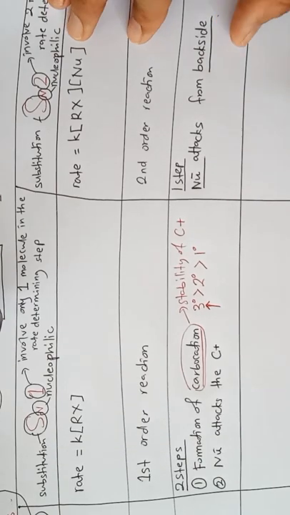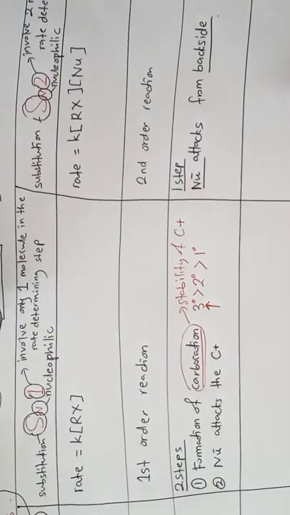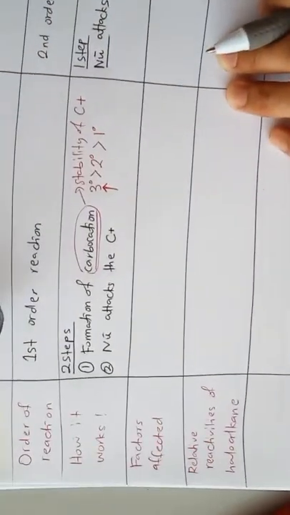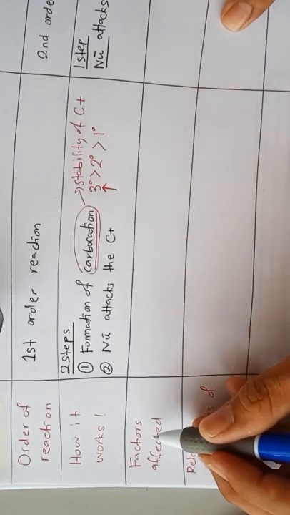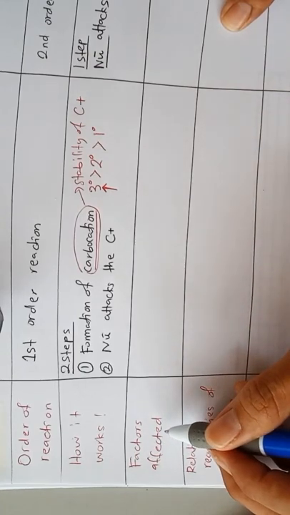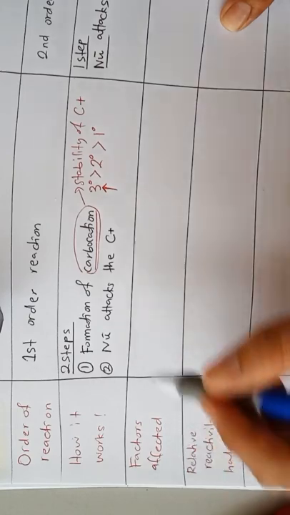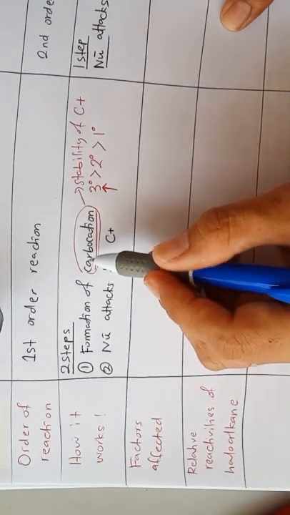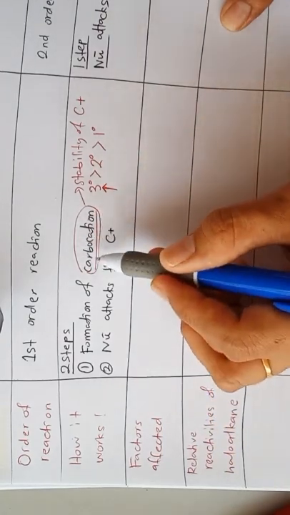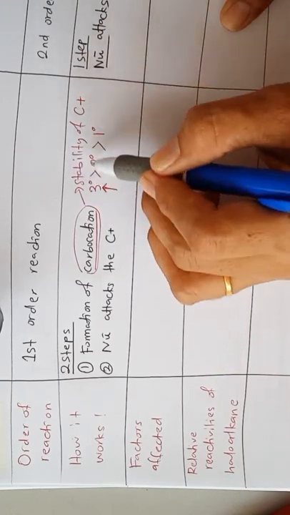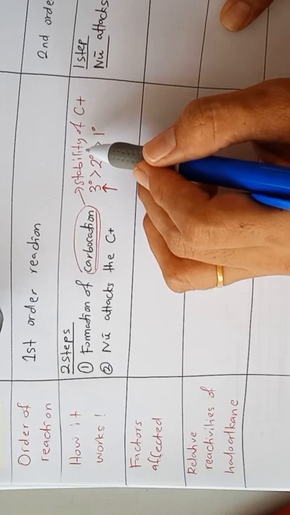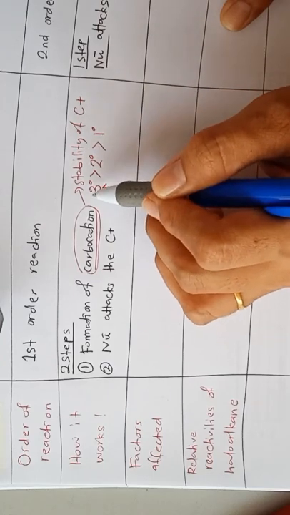Finally, before we go to the mechanism, I just want to mention the other factors that affect the mechanism. Remember, for the SN1 mechanism, we will form carbocation ion, so one factor is the stability of carbocation ion, where we should form a tertiary carbocation ion.